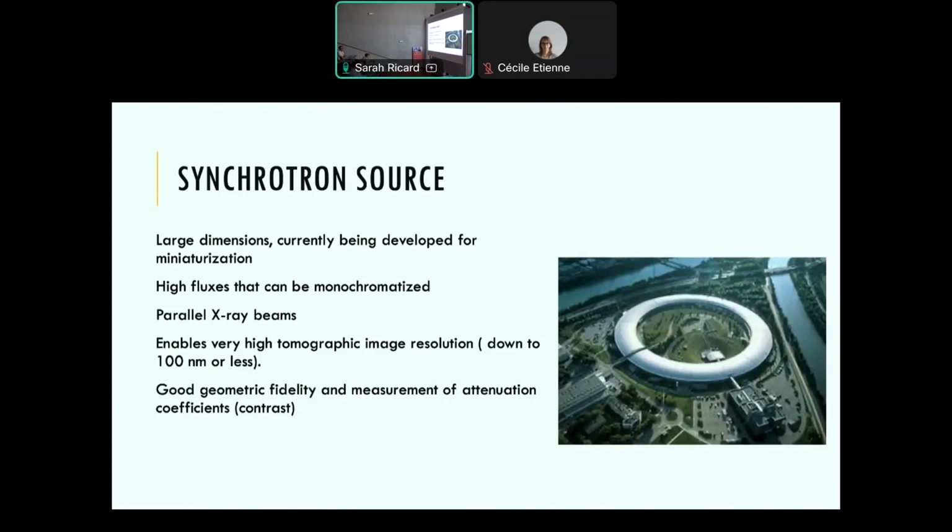So we can consider it as a point source, like the sun, which is very far, so all the rays arrive parallel. So the synchrotron is a laser for X-rays. It produces X-rays like a laser in terms of concentration of light, in terms of spatial brilliance.